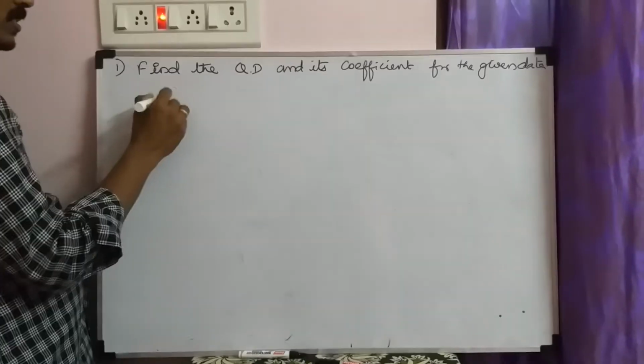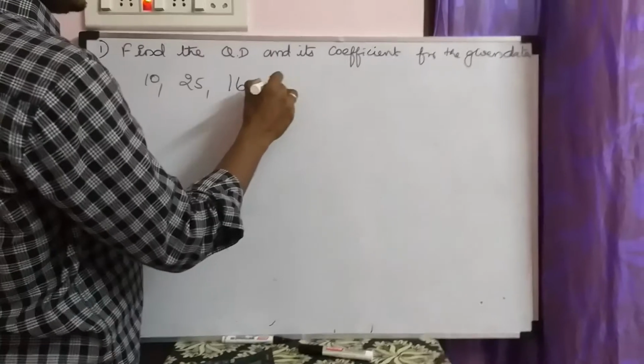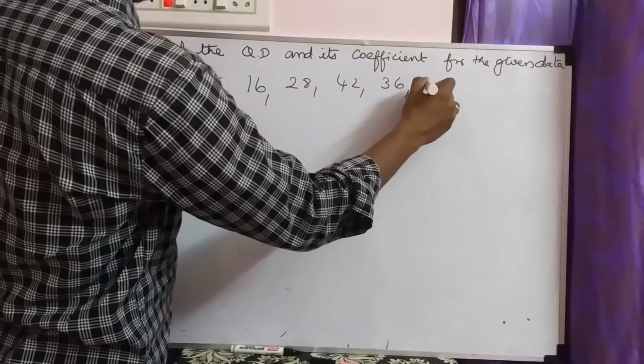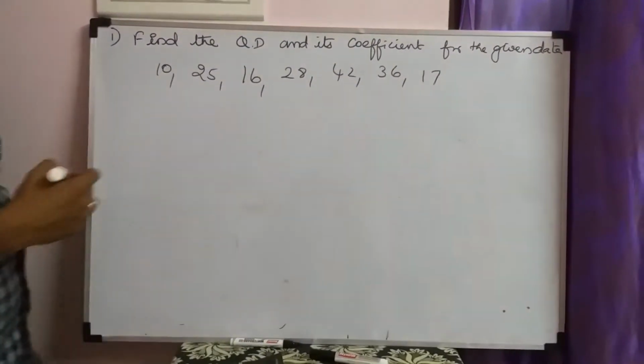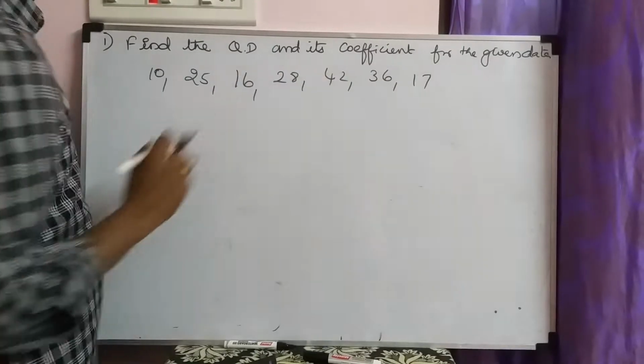The data is 10, 25, 16, 28, 42, 36, 17. This is raw data.